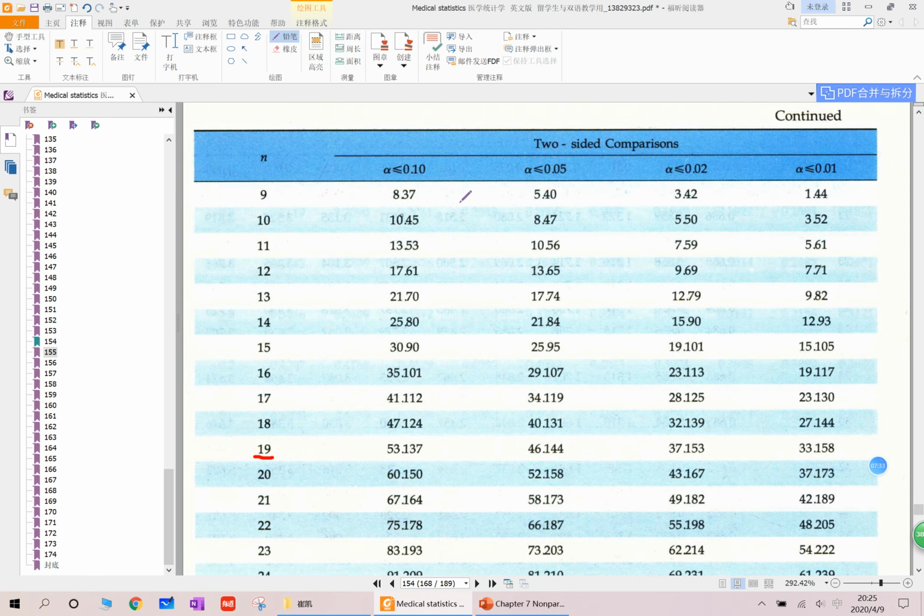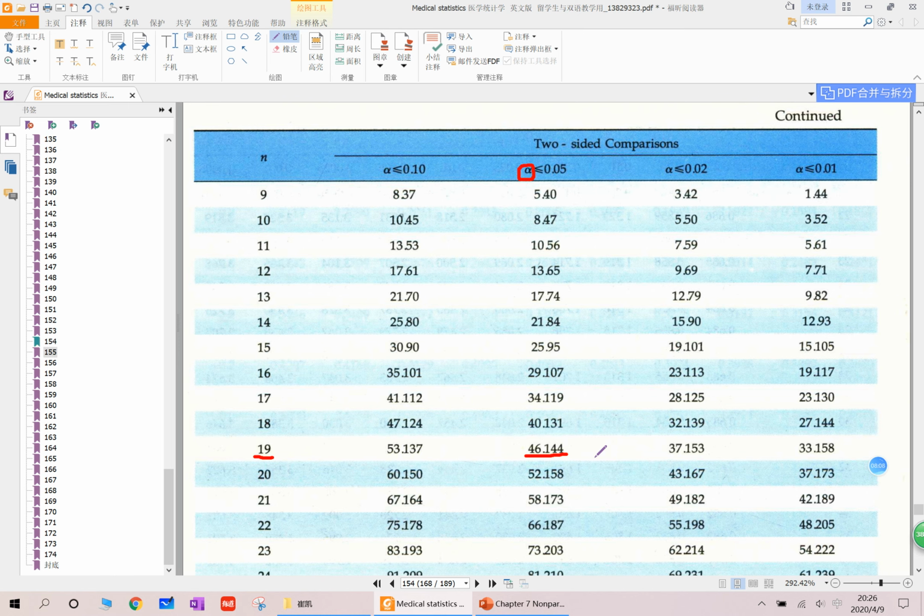And next, the first row is two-sided comparisons, and below that is the alpha. In our hypothesis test, alpha equals 0.05. So here in the cross position, we can find this number. But please notice that there is an error in our textbook.